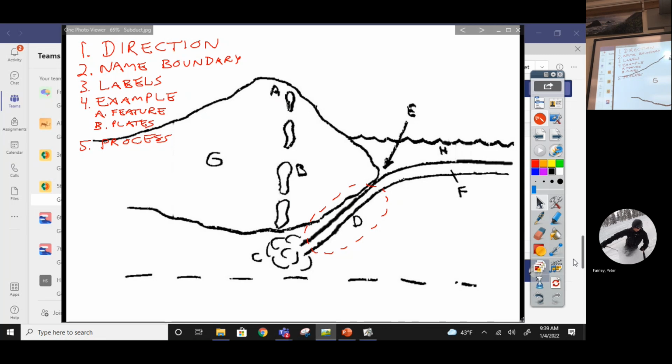Try G again. What kind of crust is it? Same with F, just name the types of crust. It's like a long underwater valley, but it's a specific name.